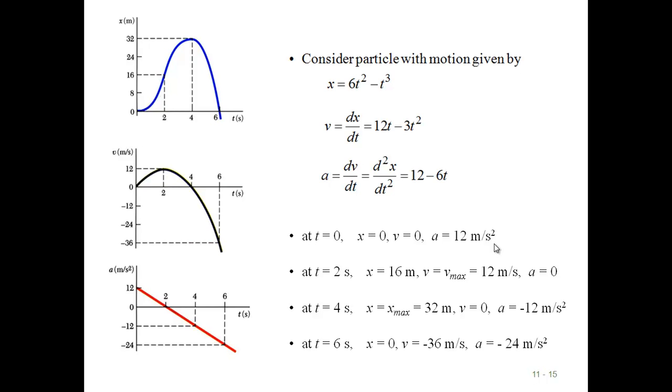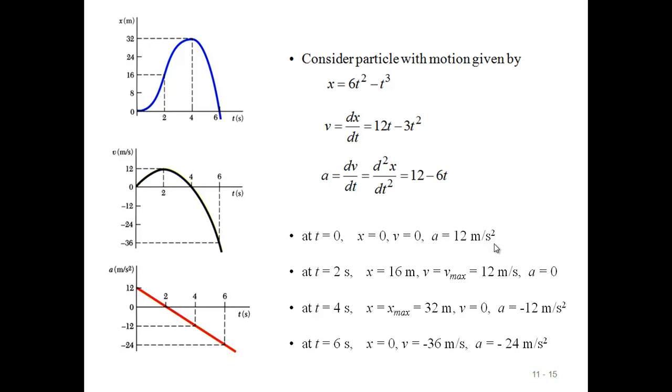That is, v is positive but acceleration is negative, which means the particle is still moving in the positive direction, but in a very slow manner. The particle is decelerating. At time t is equal to 4 seconds, the velocity is 0. The position coordinate x has reached its maximum, that is, the particle went to rest.